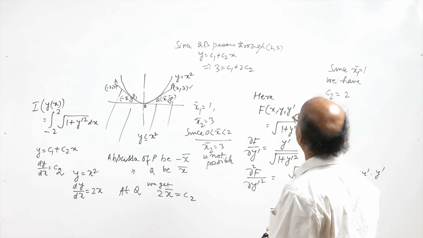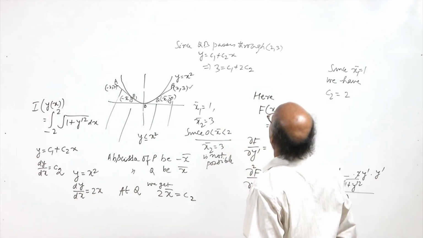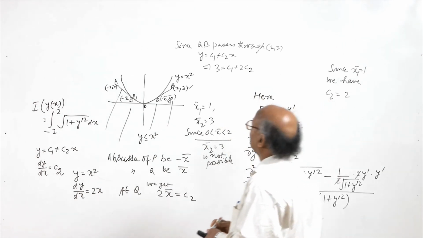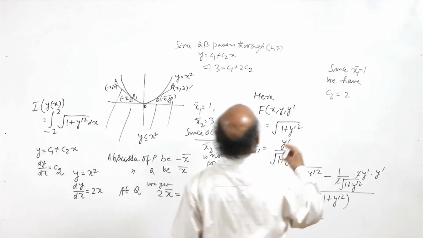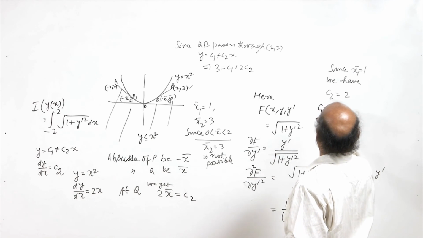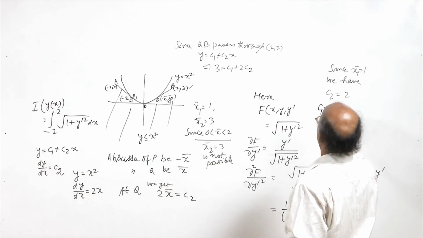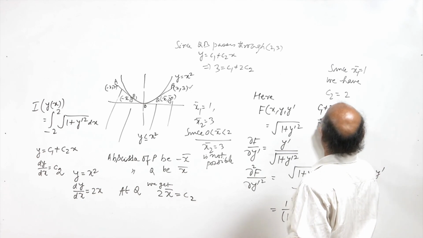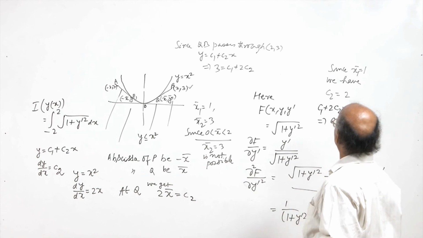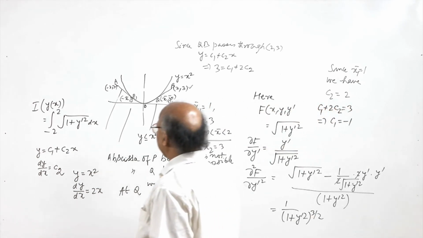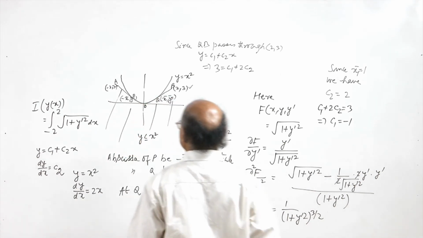Then C1 plus 2 C2 equal to 3 gives us C1 equal to minus 1. Now, what happens? So y is equal to C1 plus C2x.